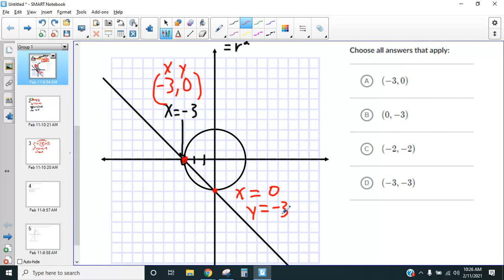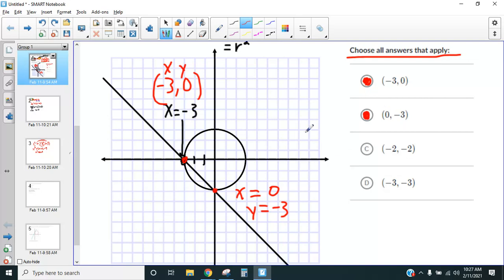Yeah, because our circle had a radius of 3, right? In all directions, it went 3. Left, right, up, and down. So those are our two solutions. What are all the answers that apply? Well, we got them right there. That's where the graph had the circle and the line intersecting each other.